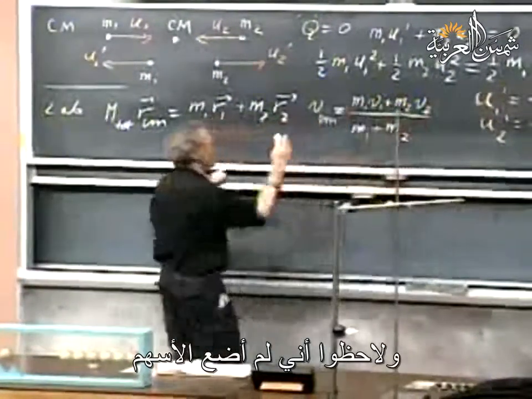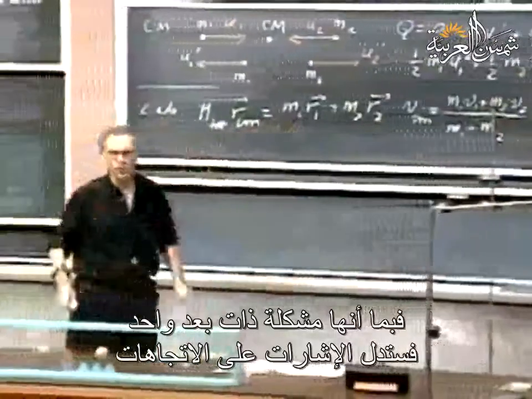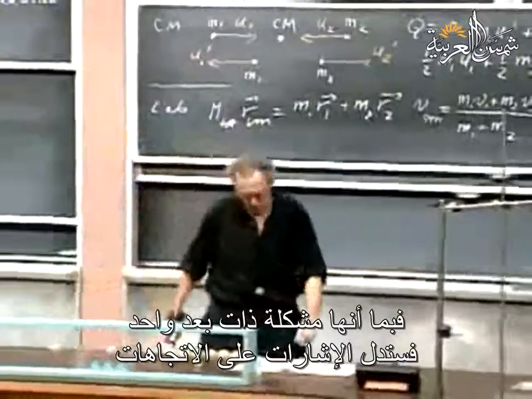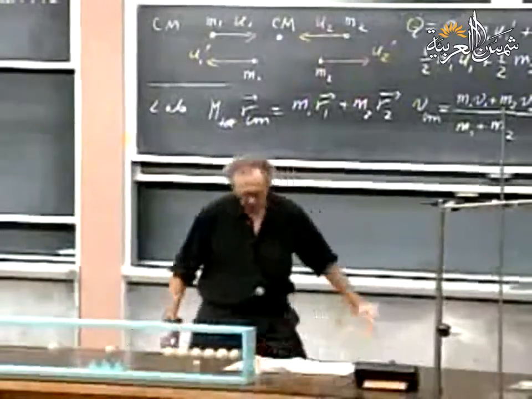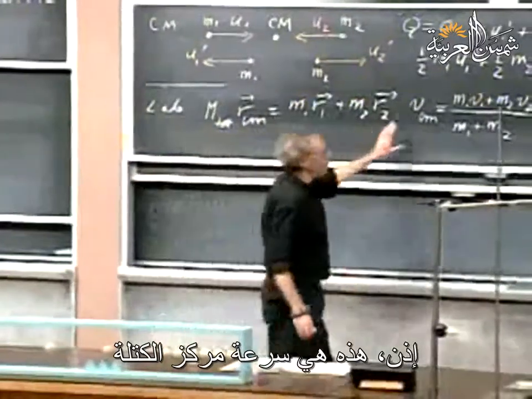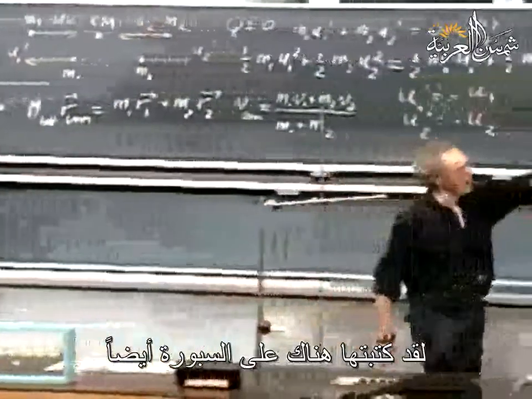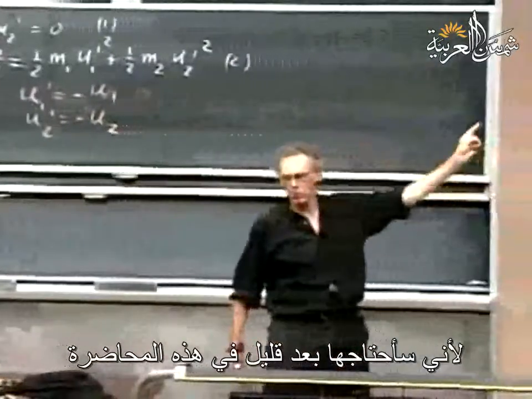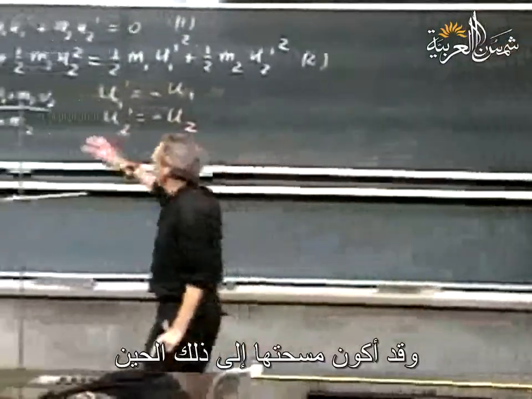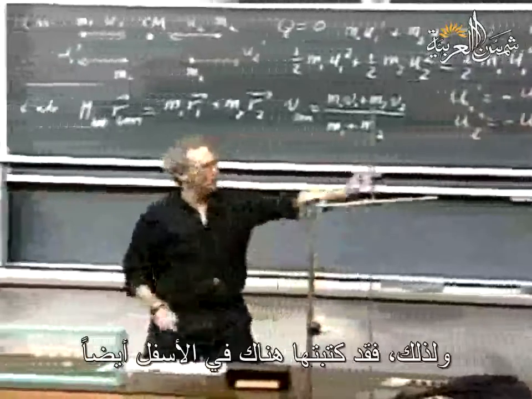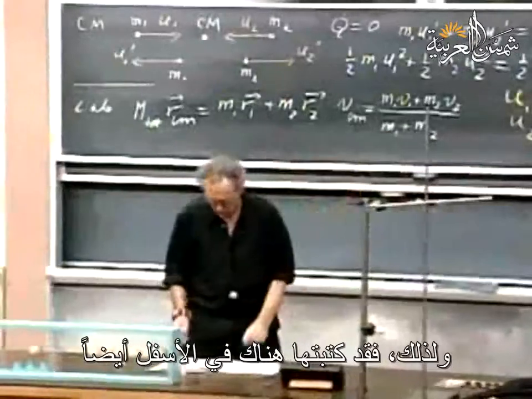And notice I left the arrows off because since it's a one-dimensional problem, signs will take care of the directions. So this is the velocity of the center of mass. I wrote it also there on the blackboard because later on in this lecture I will need it, and it is possible that by that time I have erased it, and so that's why I wrote it down there too.